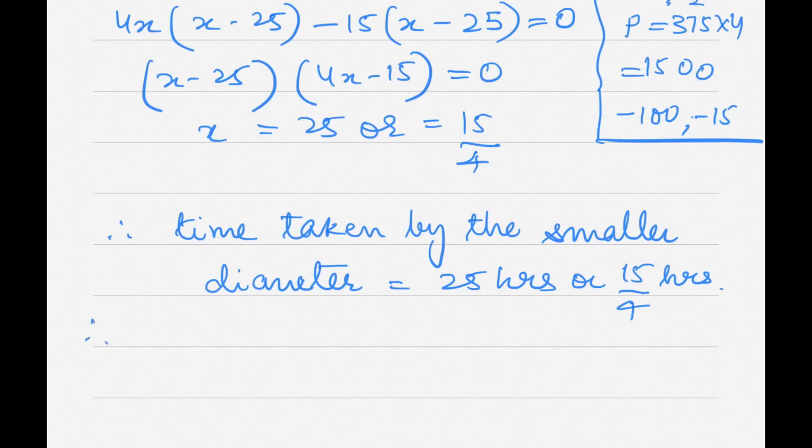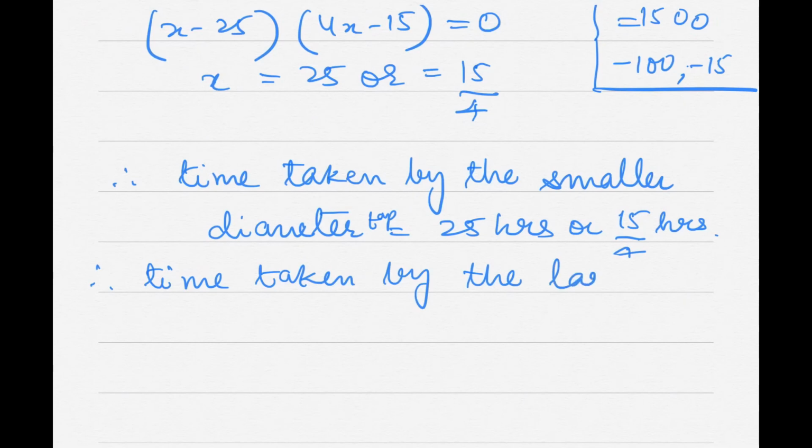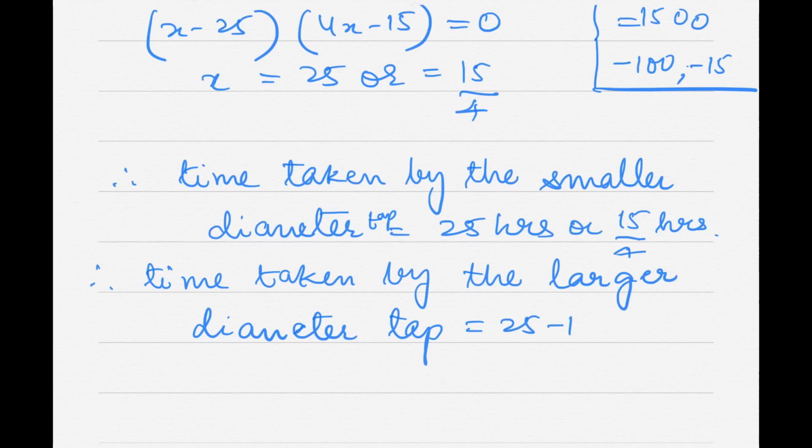And therefore the time taken by the larger diameter tap is 25 minus 10, which is equal to 15 hours, or 15/4 minus 10.